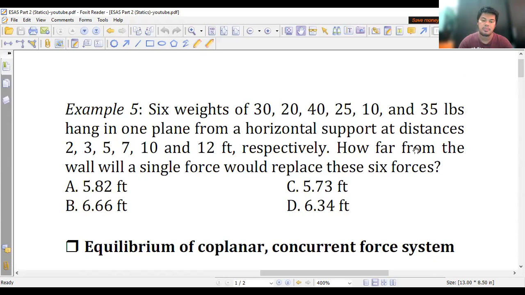Anyway, before we can calculate, we need to draw the free body diagram.